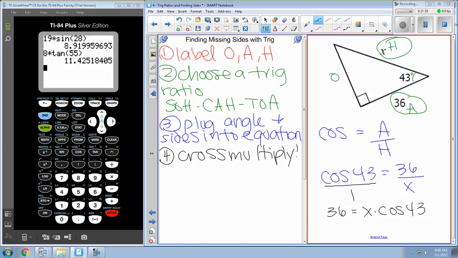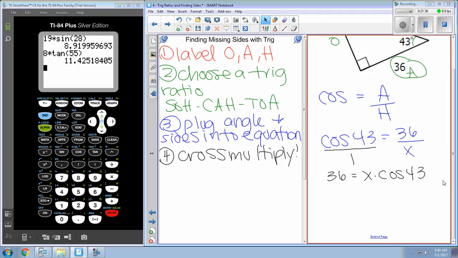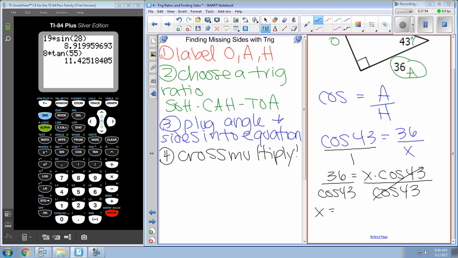Okay, so that will sometimes happen. Now, when you get this problem, think about what you would normally do anyways. If this said 2x equals 36, you would tell me to divide. So even though this is cosine, you are still going to divide this number. Okay, so those are going to cross off, and you're going to get x equals 36 divided by the cosine of 43.